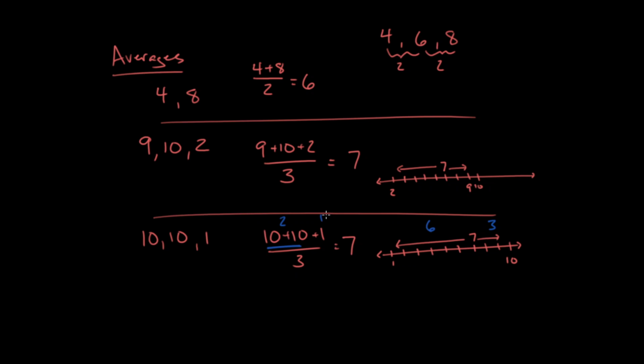So what this is leading us to is this new idea of what's called a weighted average. What weighted averages are saying is: I still want to average numbers together. I want to find a number that's in between, or a central tendency of the numbers. But some numbers are more important to me than others. Let's look at that 10 and 1 example.